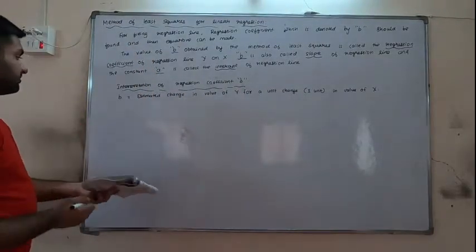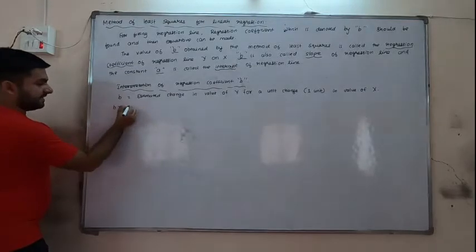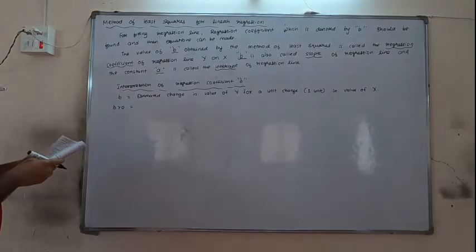Now 2 or 3 things are given. B greater than 0. What do you mean by b greater than 0?